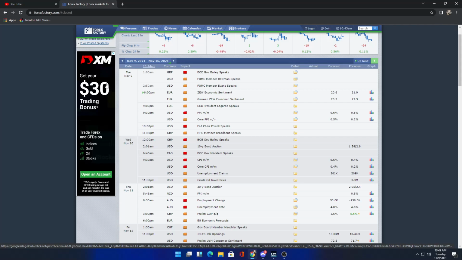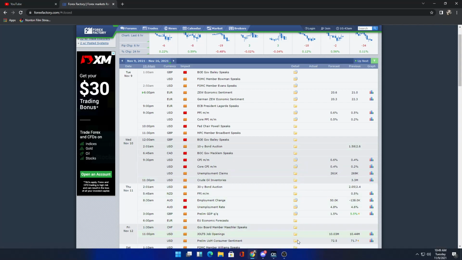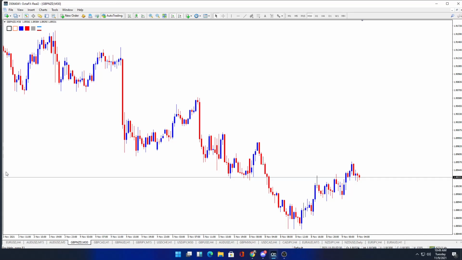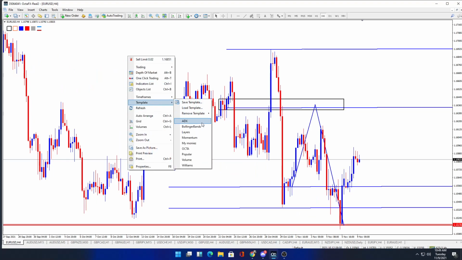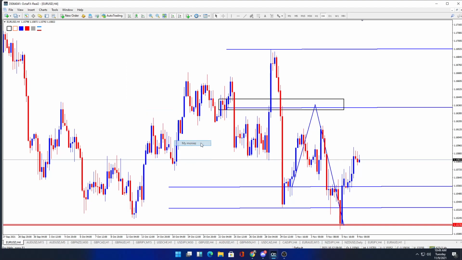So we look at the time frame on the platform, and we just look at Euro USD.